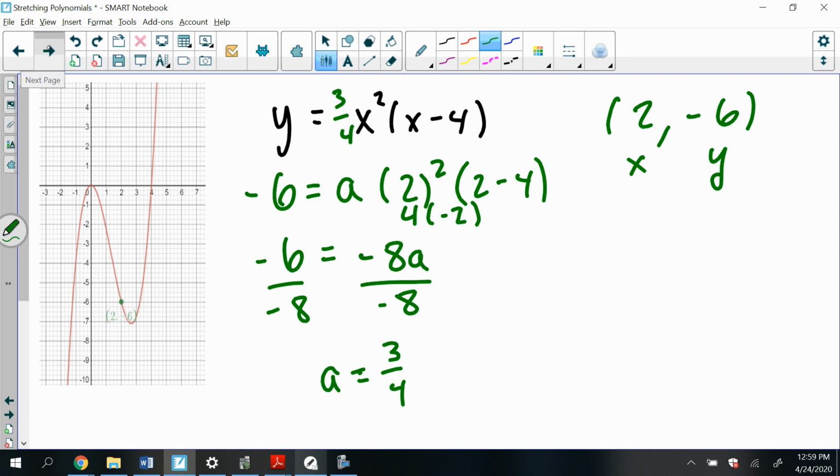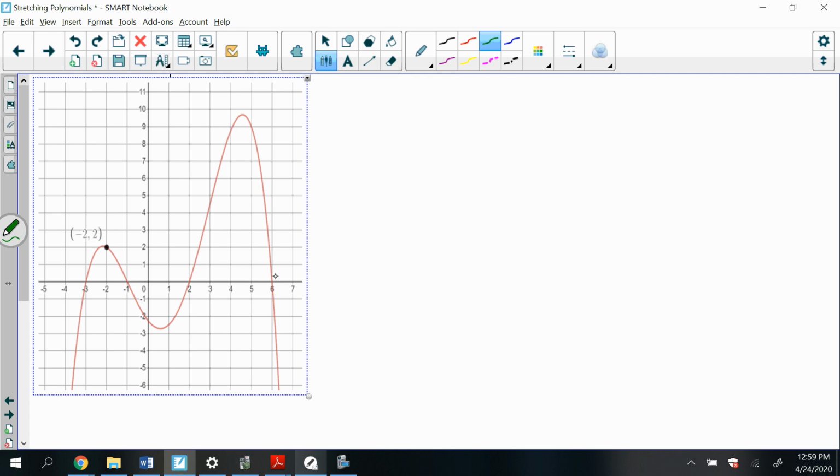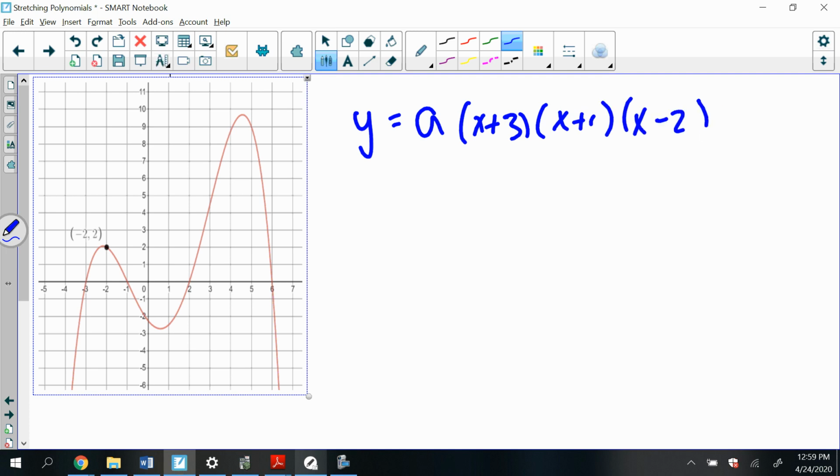I just wanted to do one more example that's a little bit bigger. We have a quartic here. I see that I have 4 x-intercepts. So I'd say y equals, I'm just going to start off right off the bat, you might as well, and if the a value ends up being 1, no big deal. But I get a, I get x plus 3, x plus 1, x minus 2, and x minus 6.